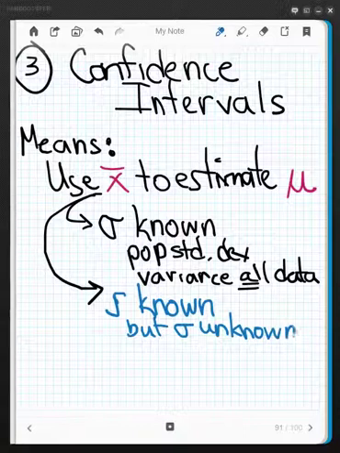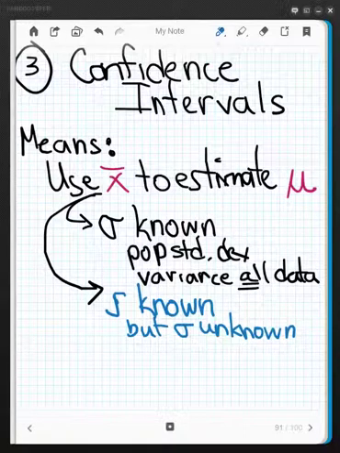Each of these two things leads to different types of distributions for the X bars. So in order to calculate a confidence interval, we have to come back to the theory behind that, and that's based upon the distribution of the sample statistic that is used to estimate the population parameter that we're interested in.